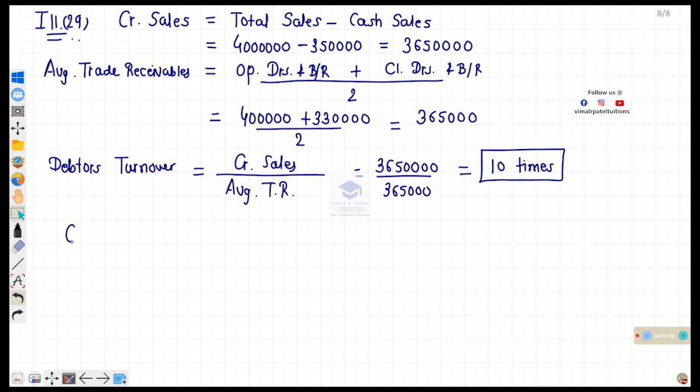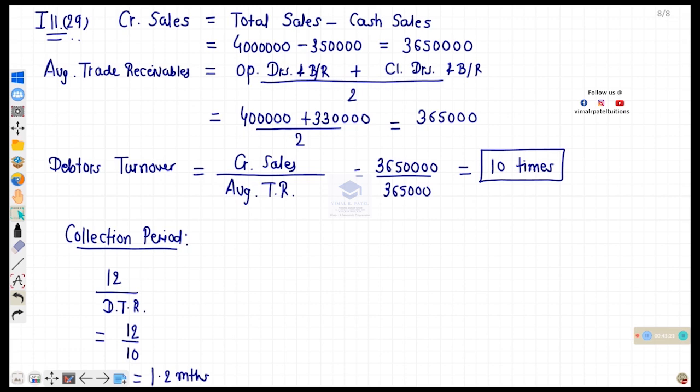Now collection period in months, weeks and days. So for month it will be 12 divided by debtors turnover ratio. So 12 divided by 10. So it will be months.